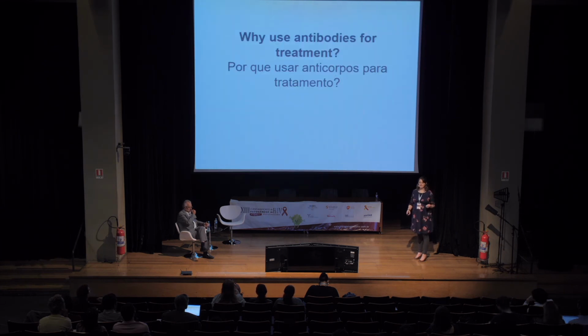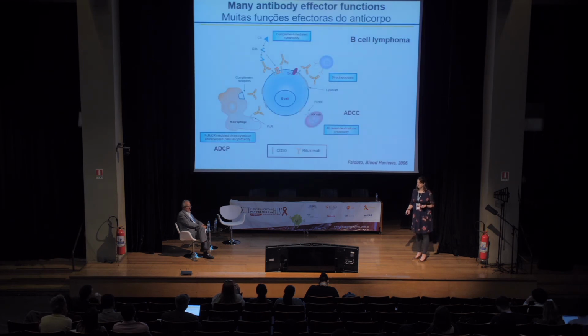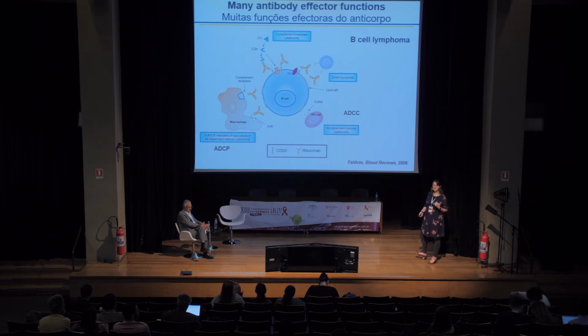So why use antibodies for treatment? Why is this something that we should put any time into? So antibodies can have many effector functions, and some of these people have highlighted, and I'll just highlight it again, using this slide that's actually from a review about cancer treatment. And monoclonals have been successfully used in the cancer setting, especially to treat B-cell lymphoma.